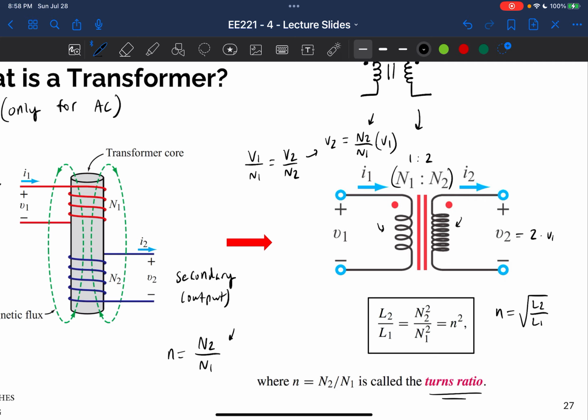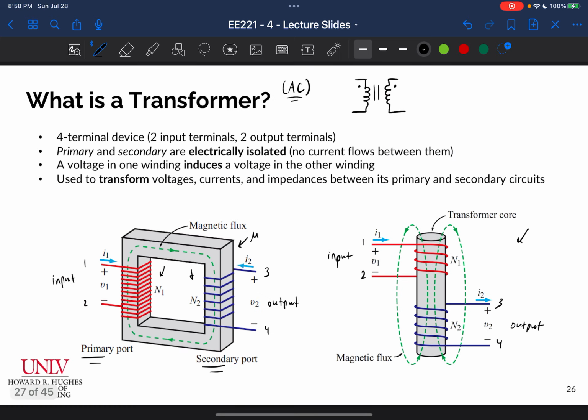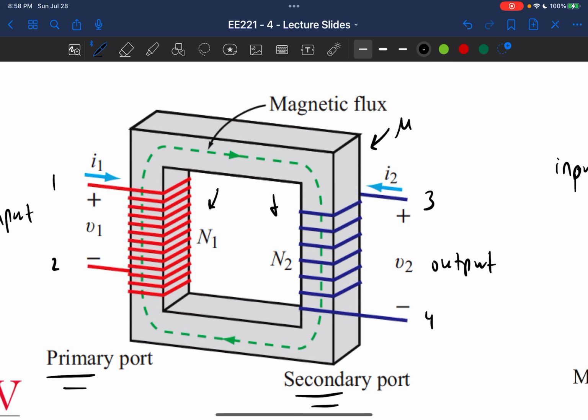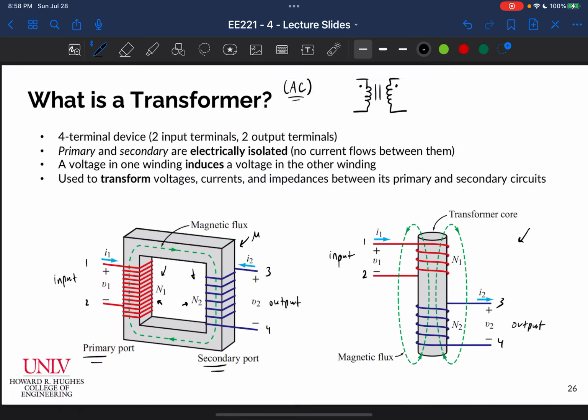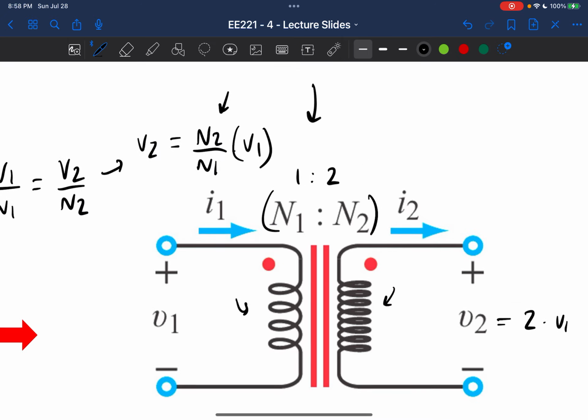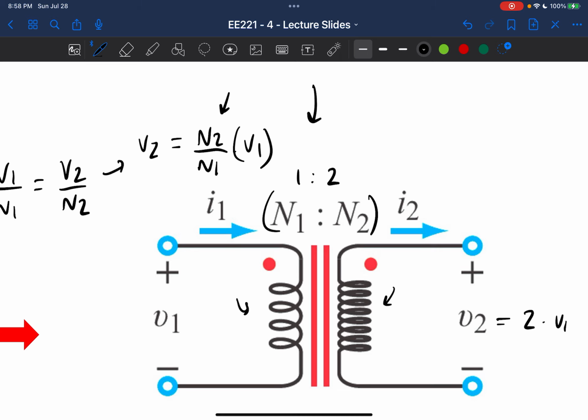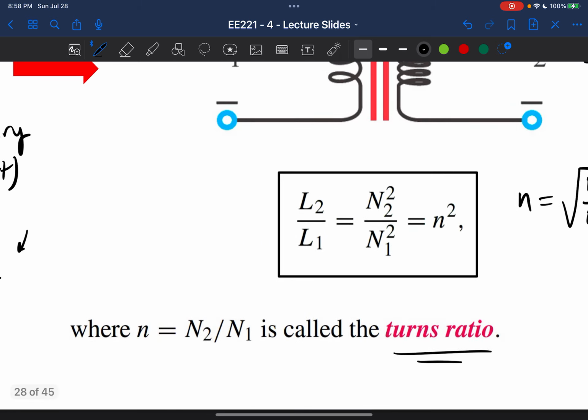And we could keep adding turns, right? And you can see that on the first page here, they had more turns on the primary side than they did on the secondary side. So what would happen in that case? Well, in that case, the voltage would be stepped down, because I'd have a turns ratio, N2 over N1, right? N would be less than 1.